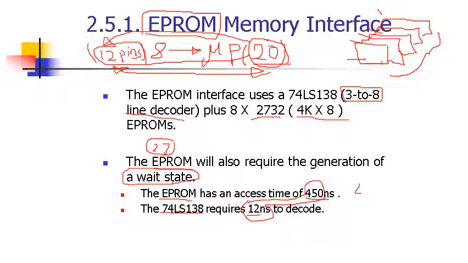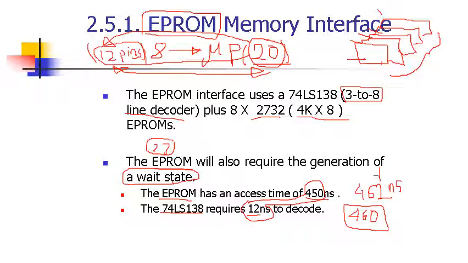So the memory with the decoder requires 462 nanoseconds, while your processor, as we previously mentioned, allows the memory to provide data or take data in 460 nanoseconds only.